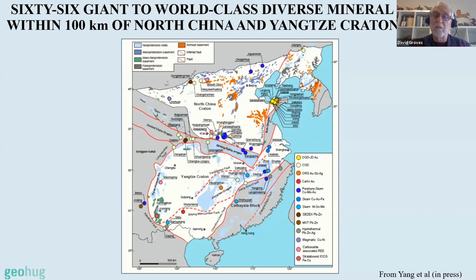So we've got orogenic gold in Jiaodong, other orogenic gold, antimony, silver, kaolin gold, porphyry skarns, skarn of various types, SEDEXs, MVTs, lead, zinc, silver, hydrothermal deposits, copper, nickel, carbonatite associated rare earths, and strata-bound IOCG deposits.